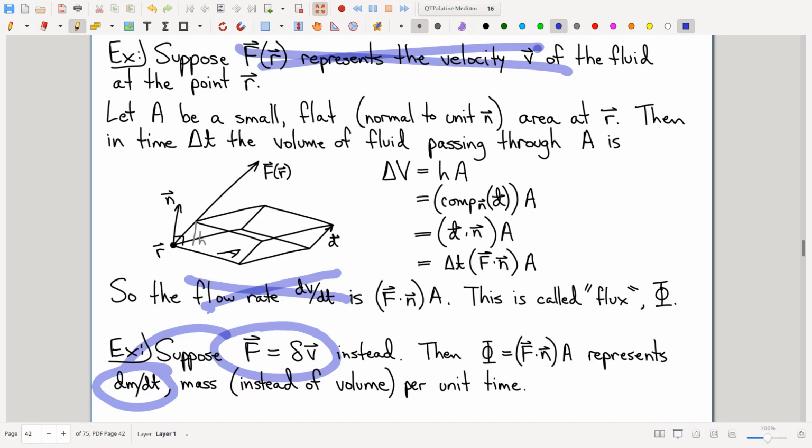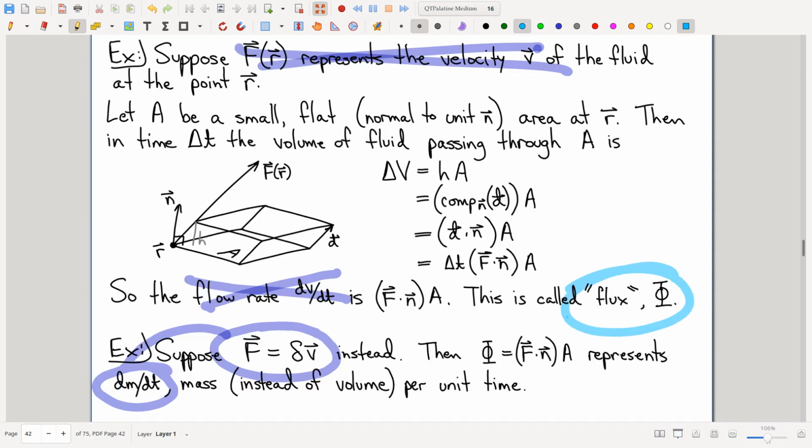Typically, you're interested in the number of birds, right? So density appropriate to whatever the quantity in question is, it might be mass, it might be number, who knows? Again, appropriate to whatever kind of fluid you're interested in. So different interpretation of a vector field, different question, and the answer turns out to be the same.